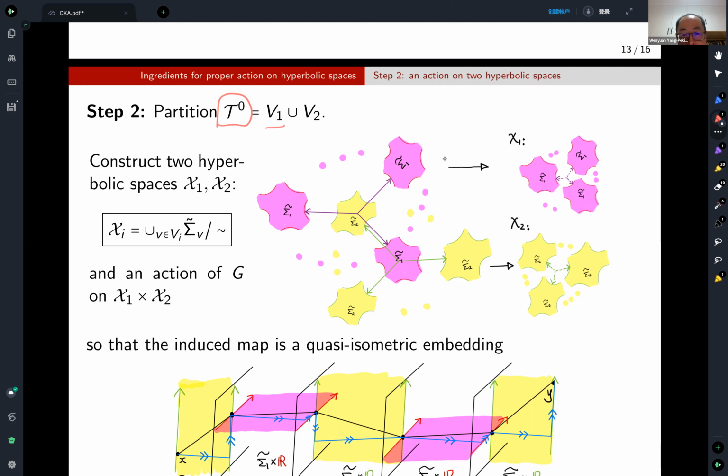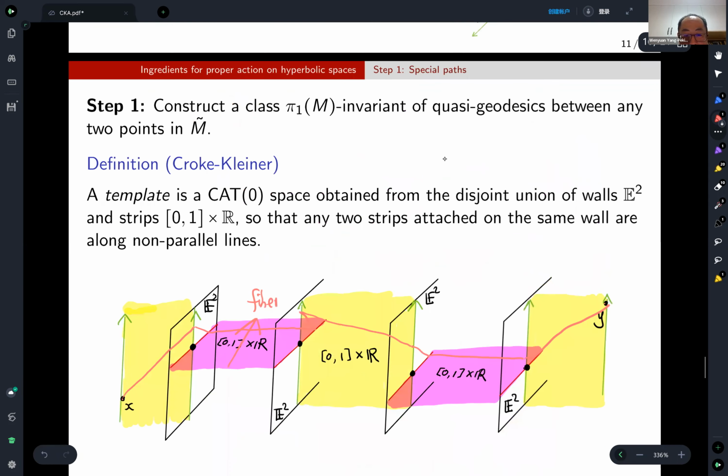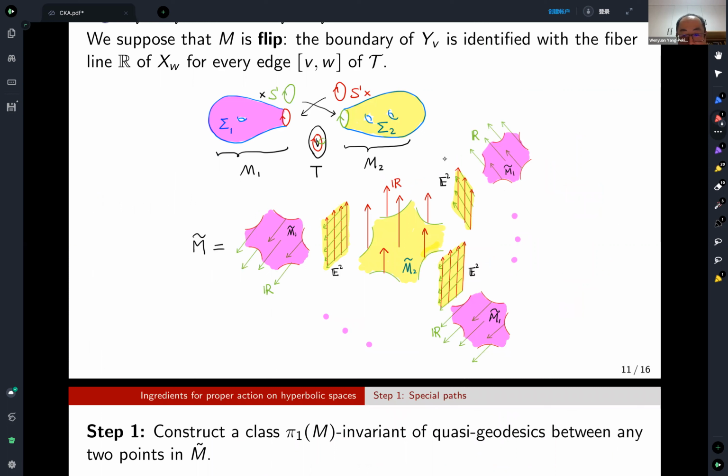The boundary won't be parallel in the middle one. If you look at the picture I drew here, we try to glue these three red ones, the universal coverings of these surfaces.